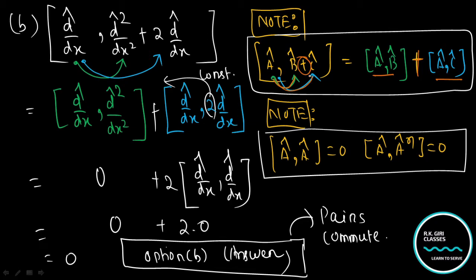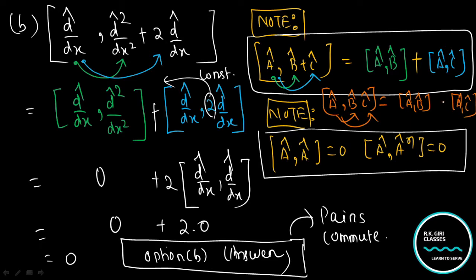Clear this point? Now if you have like this, A with B, C, what was your result? A with B, and that was A with C, right? Plus symbol was there. Extra was BC combo. That means you will put C here, BC combo, and you will put B here, BC.